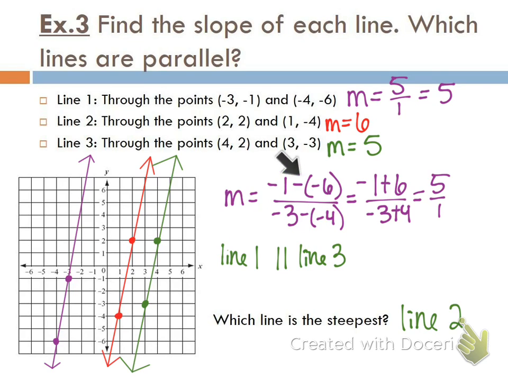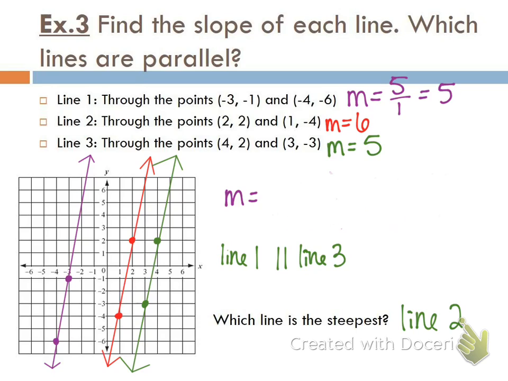Taylor? For the first one, I did the formula, but I got 5 over -1. Did you plug them in like we did, or did you do it swapped? The other way. Okay, so let's look at the other way real quick. So you started with -6? No, I did -1 minus -6 over -1 minus -3. Okay, so that's where the issue comes in.